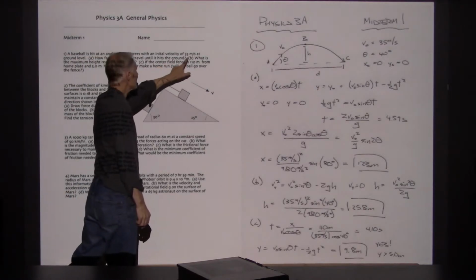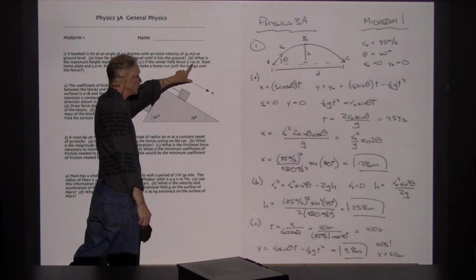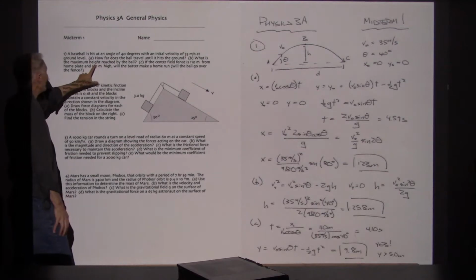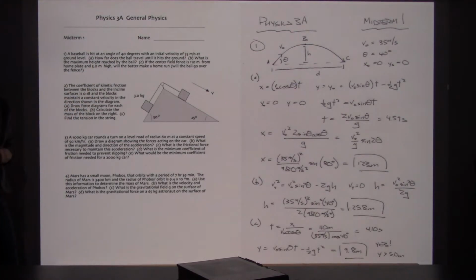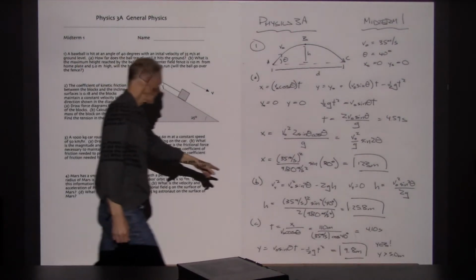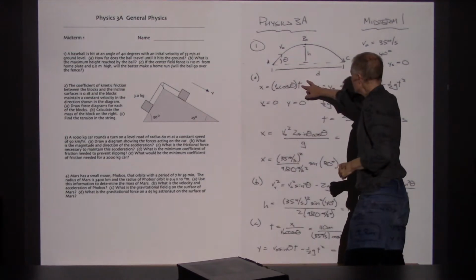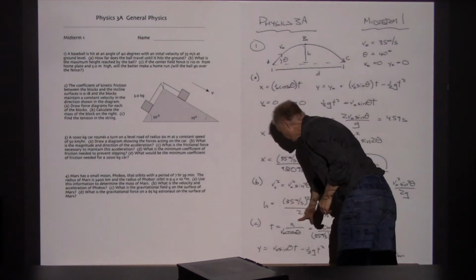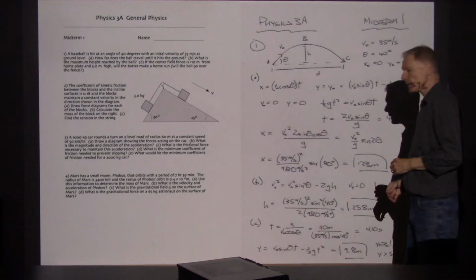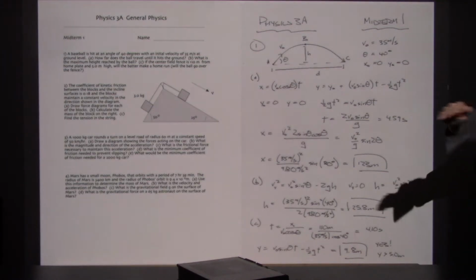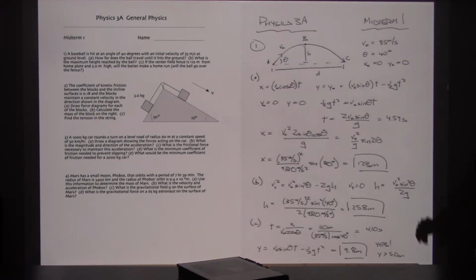So in part C, this is now the x value I want to work from, and this I want to compare with the y value. So let's try that. Taking the same formula we used here, now what I can do is solve for time. How much time is it going to take to travel 110 meters downrange?